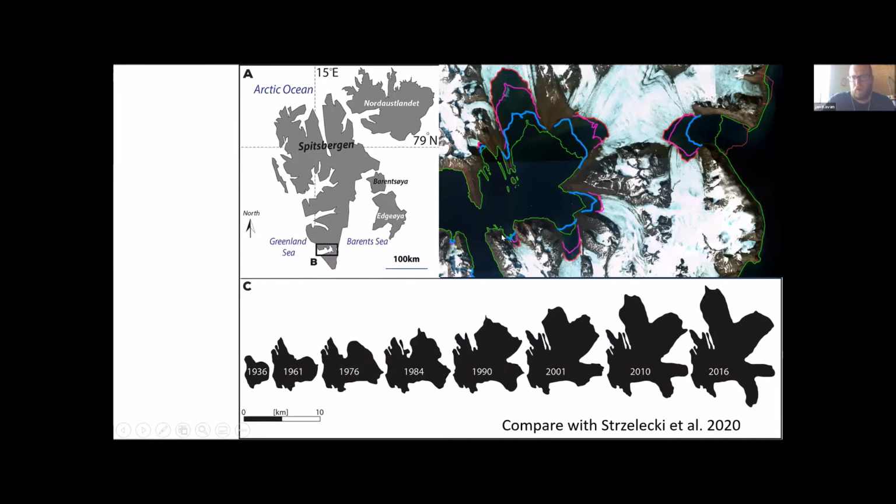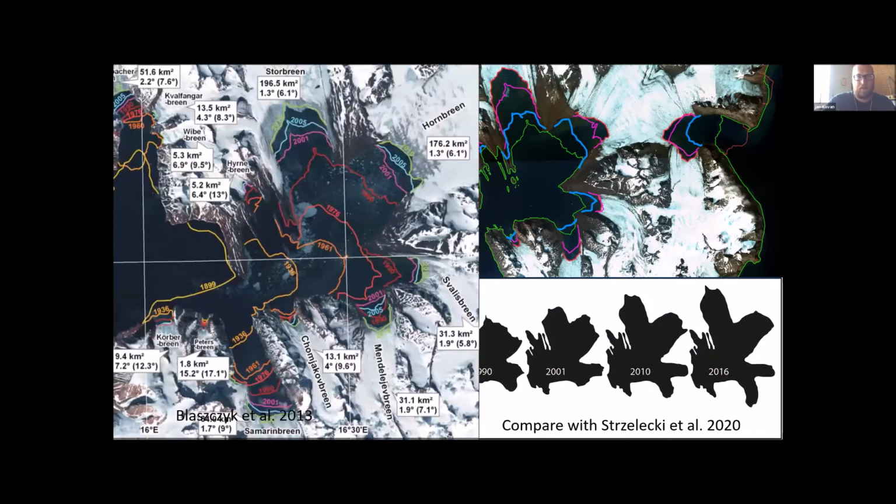There are some older studies, for example this one from Strzelecki et al. from last year, comparing the development of the Hornsund, and it's quite obvious that all the glaciers are retreating quite fast. So it's very likely that this part will be gone. There will be no ice, no glaciers in 20 or 25 years.